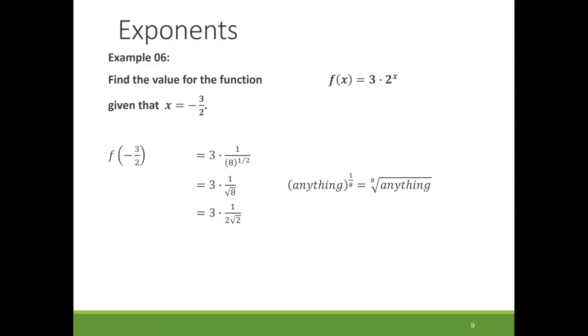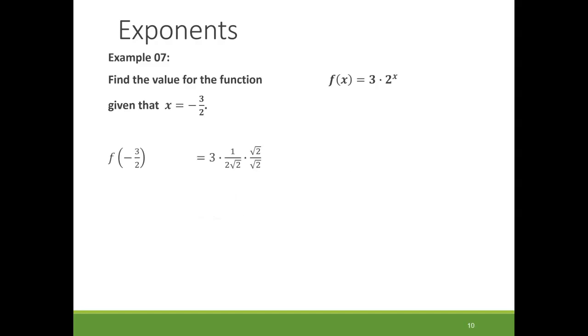And then what I still need to do is rationalize the denominator. So I'll multiply the top and bottom by root 2, and I'll end up with 3 root 2 over 4. Probably not realistic anybody was going to do that in their head in the amount of time I gave them.